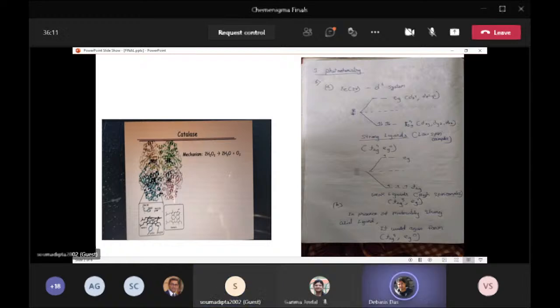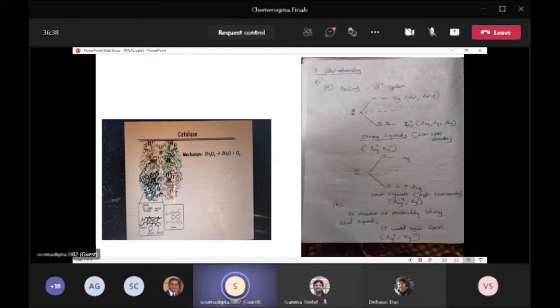So can you tell me how we can stabilize it? Iron 4 is a very unstable, high oxidation state species. In case of iron 4, we need some ligands that can back donate electrons to iron 4.